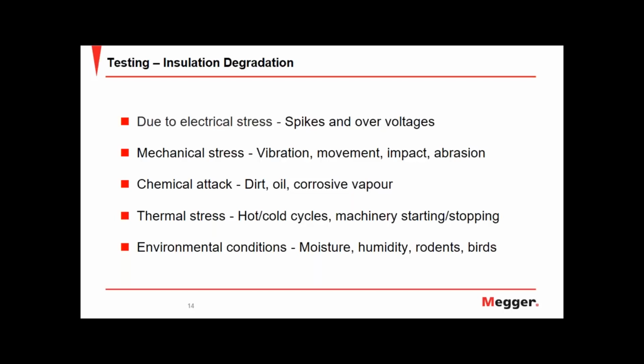They often go on load and offload, and as a result, you have hot and cold cycles that can affect the thermal stress of the insulation material. And then, of course, we've got environmental conditions. We've got moisture to worry about. That can creep into our insulators. The humidity, what it's operating in, and then we have issues with rodents and birds that can damage or leave their deposits on our assets.